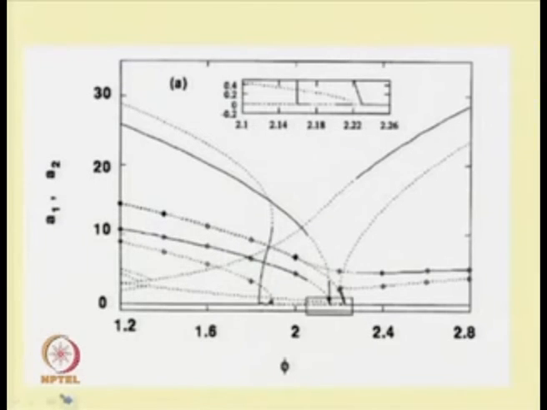Here, for the same case, it has been shown that in this trivial state there are alternate stable and unstable bifurcation points.